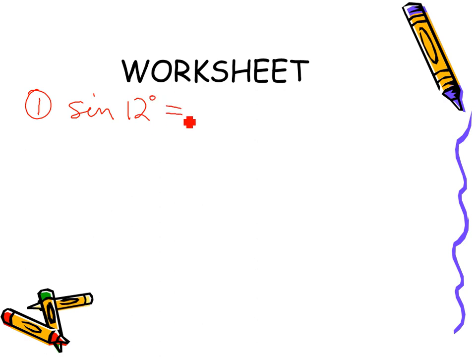You can either look at that chart, or an easier way is just to grab your calculator, and punch in sine 12, close the parenthesis, and what's it tell you? 0.2079.